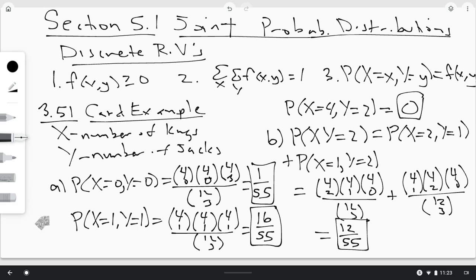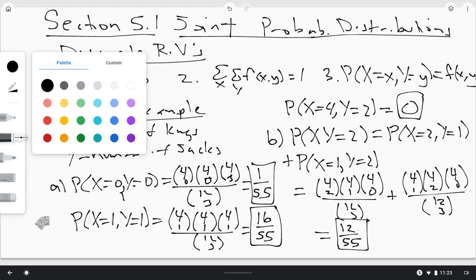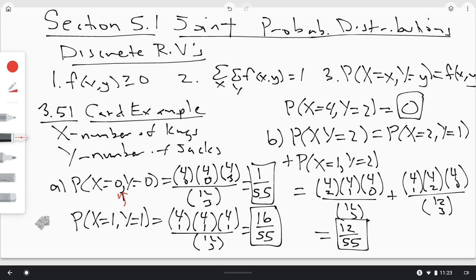The first one is that if you look at part A, we have 4, 4, 4 always at the very top, and then you have 0, 0, 3, right? The zeros occur here. I'll change colors real quick. These zeros occur here, and we have these zeros here as well, right?